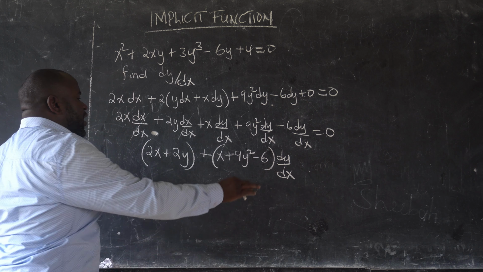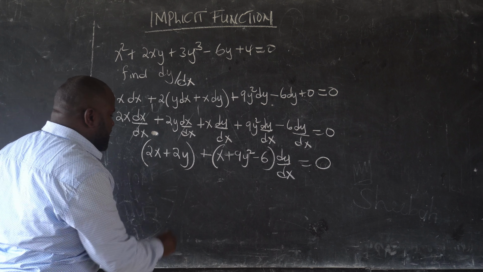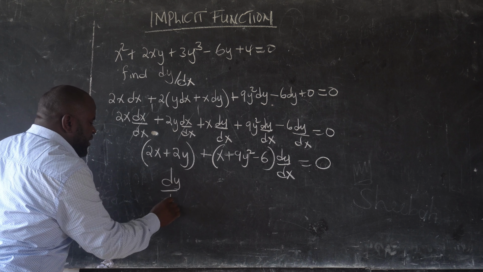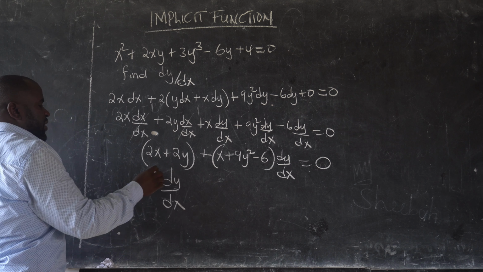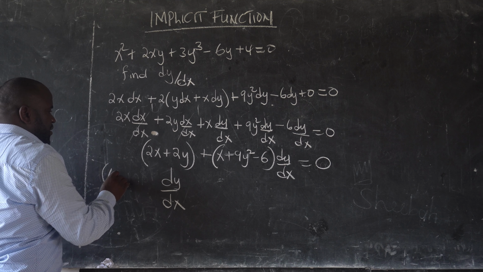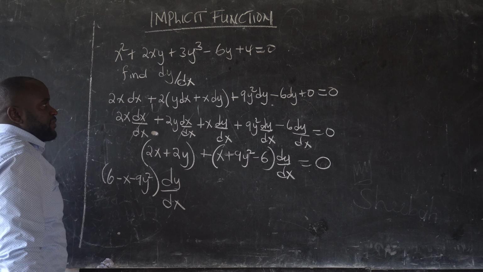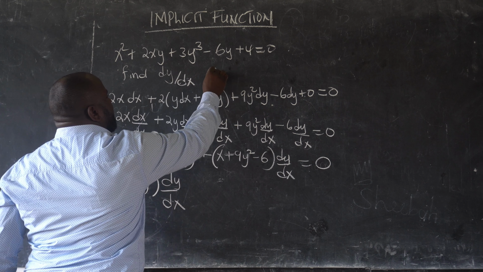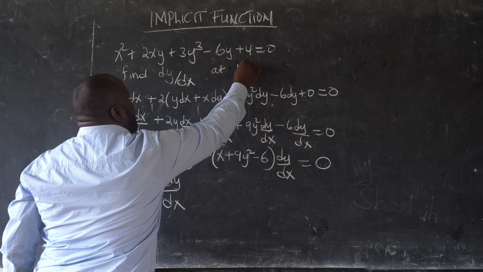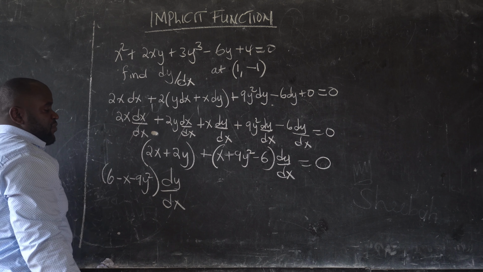So therefore, the whole of this is also equal to what? 0. If that is equal to 0, make dy dx the subject. When I take it over the other side, I'll have 6 minus x minus 9y squared. If they told us maybe at a point 1, negative 1, then we are going to investigate exactly what that value is.